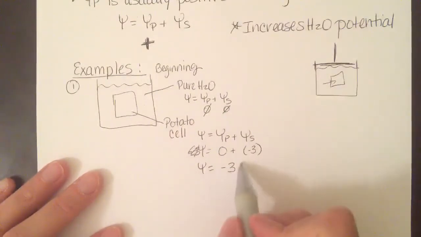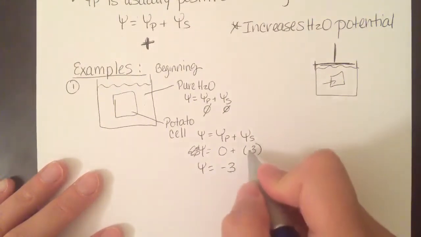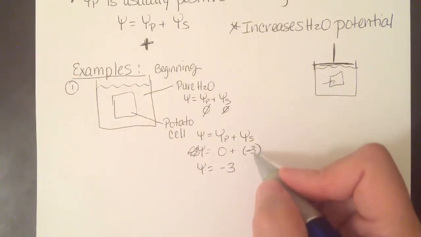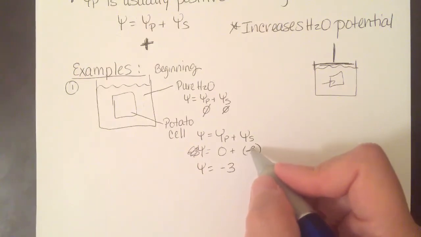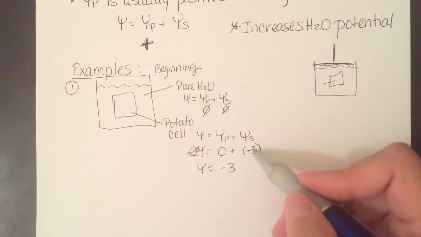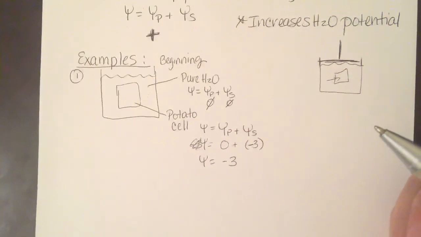The water potential would be equal to the solute potential in this case. So what does this -3 mean? The negative means that it's lowering the water concentration, that there are solutes, and the higher the negative, the more solutes that are dissolved.